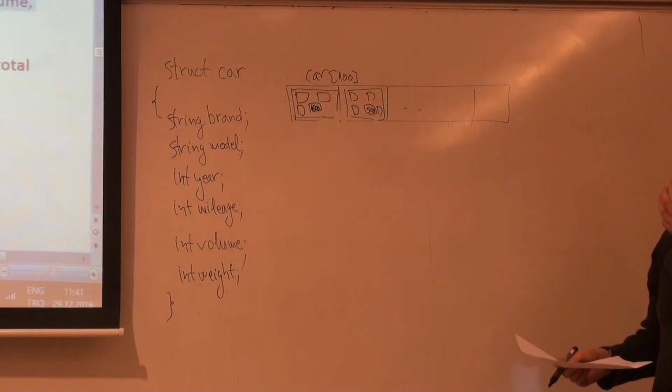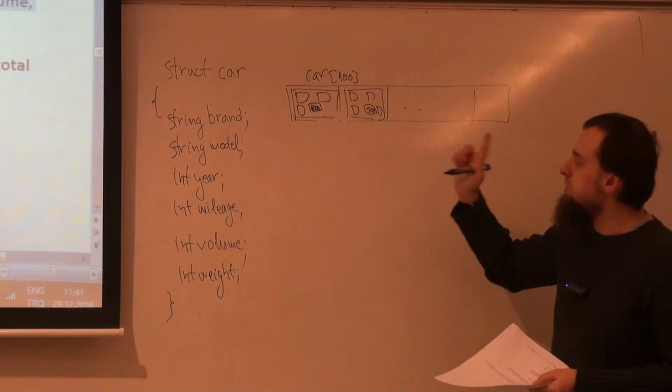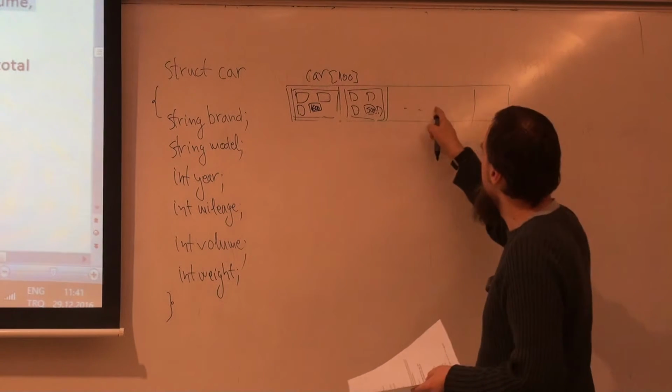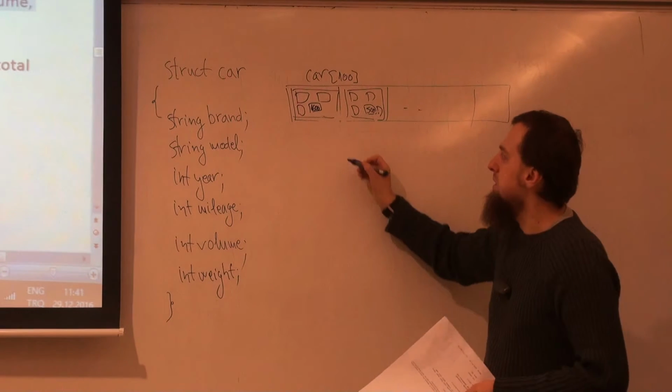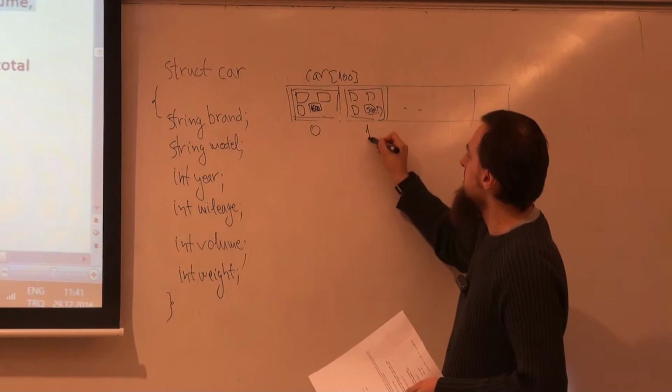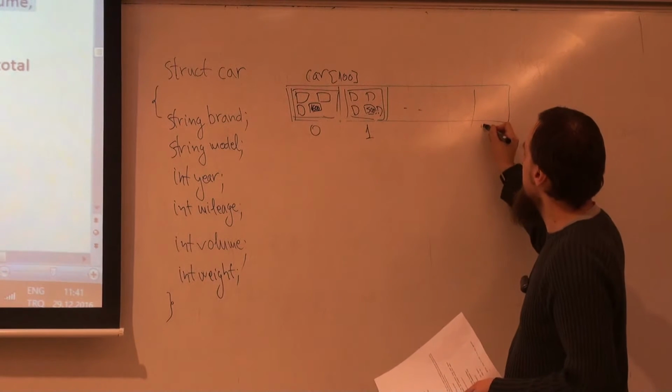How are we going to do that? We should return how many elements here have the volume greater than 1600. So this is index 0, this is index 1, and if we have 100 cars, the last is 99.